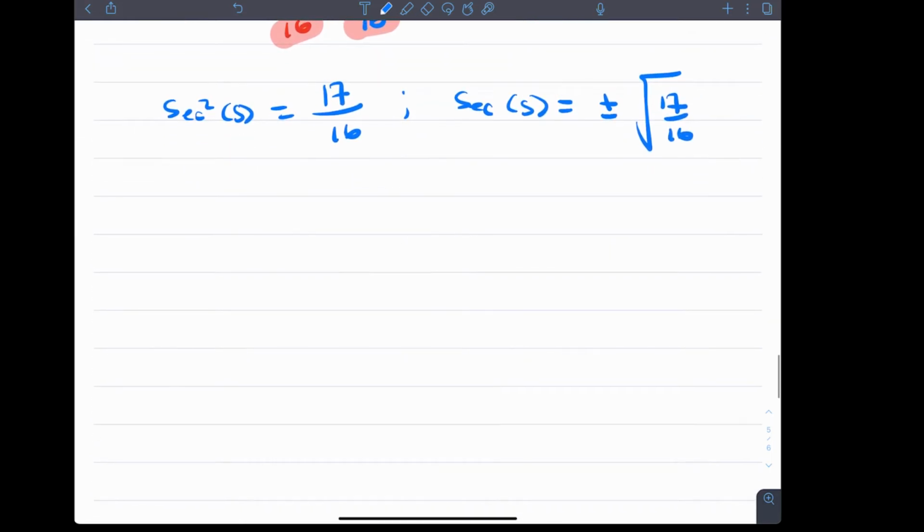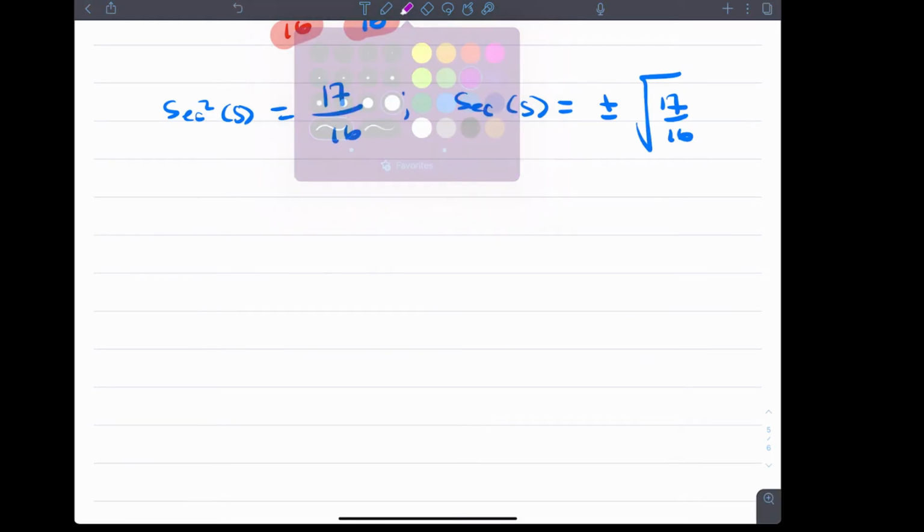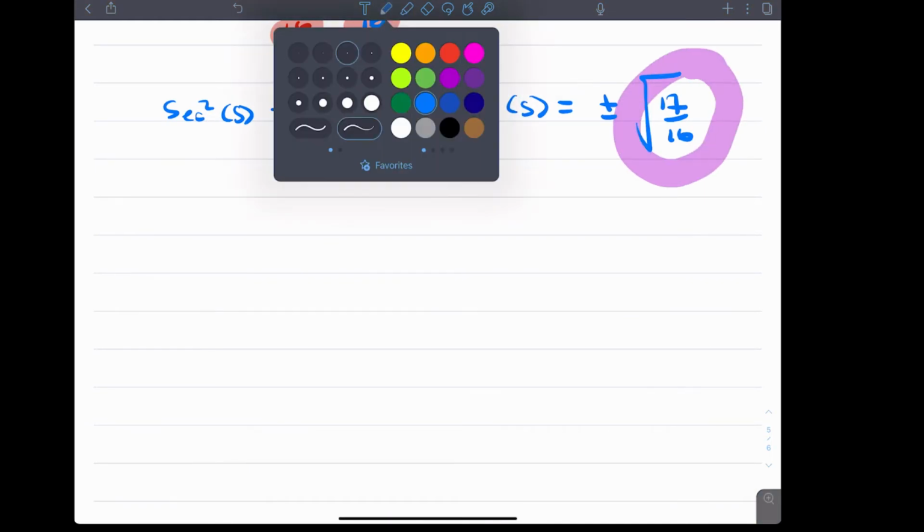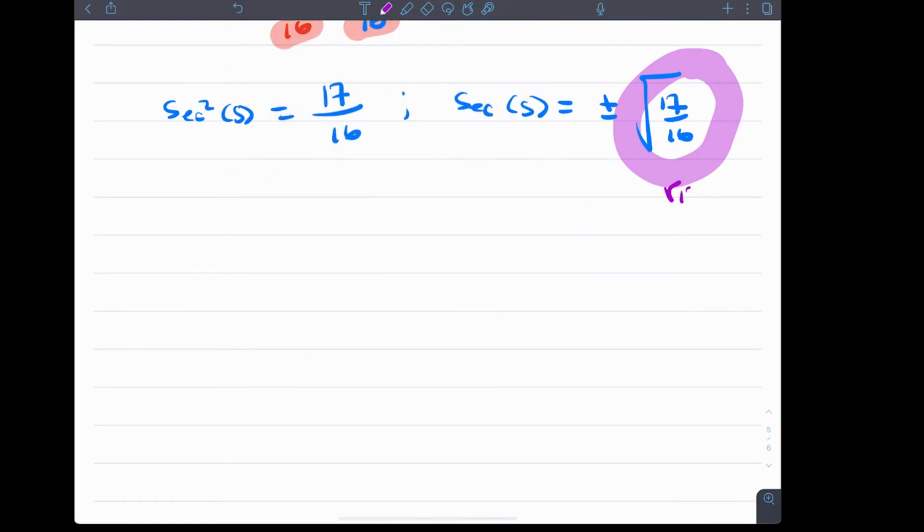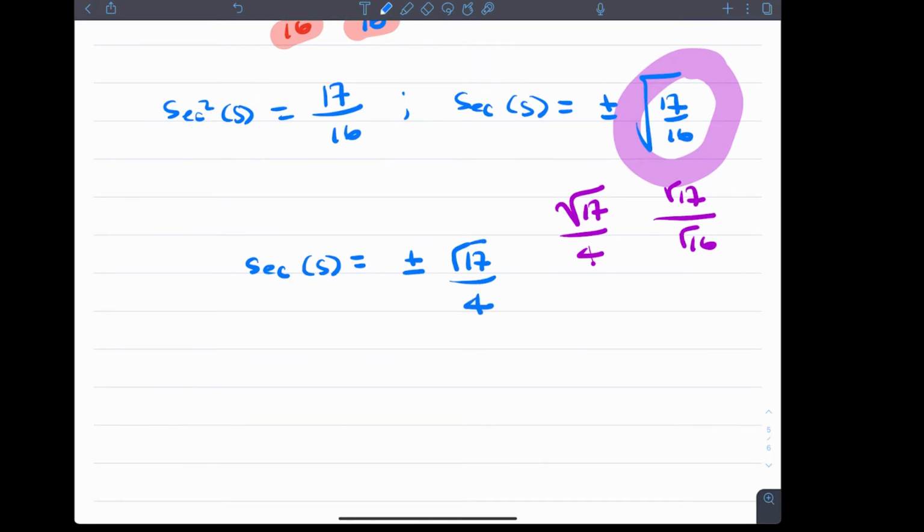Square root formula from algebra. Solving for secant. So I'm going to have to simplify this radical using those properties, that quotient property, right? Now, square root of 17 we can't simplify, but square root of 16 is what? 4. So we're using that information we talked about in the past. Square root of 17 over now 4, ladies and gentlemen.